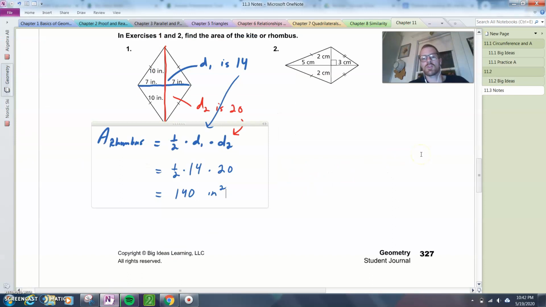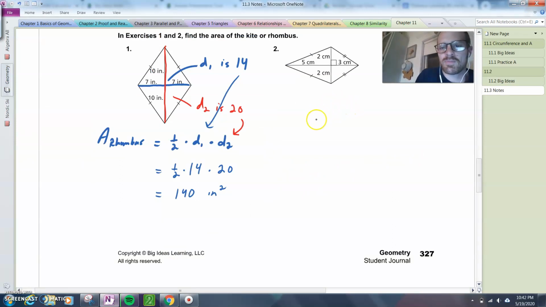All right, so let's jump back. Let's look at number 2. So same thing, the area of a kite. In this case, we know it's a kite. Not all the sides are congruent, but we have 2 pairs of consecutive congruent sides. So a kite, also 1/2 times diagonal 1 times diagonal 2.